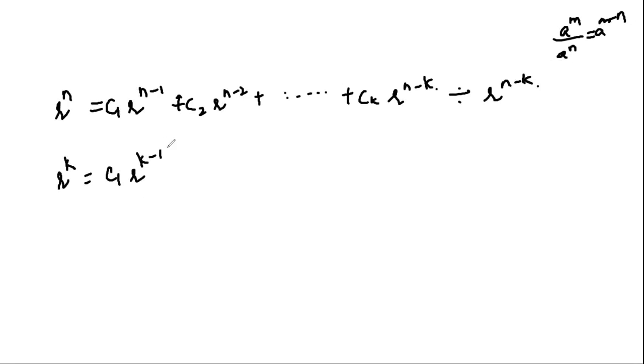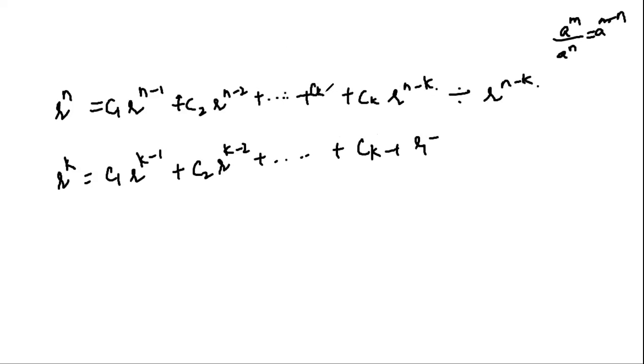This equals c1 r^(k-1), and each time the exponent gets reduced, plus c2 r^(k-2), plus and so on.